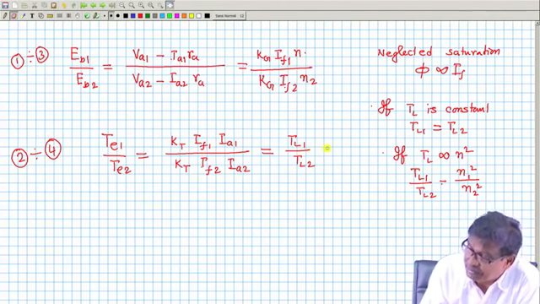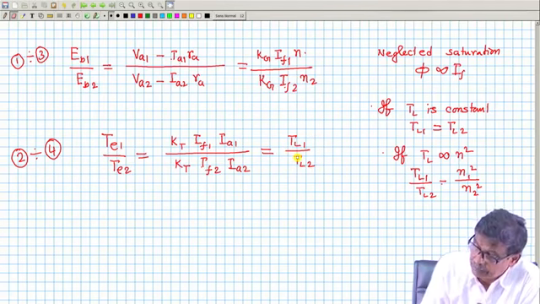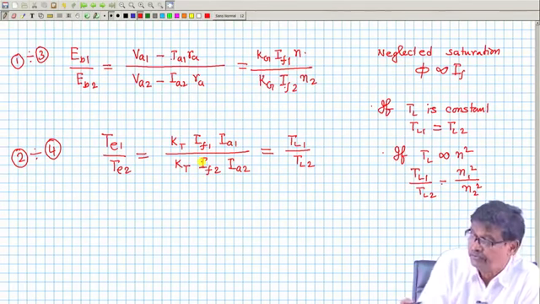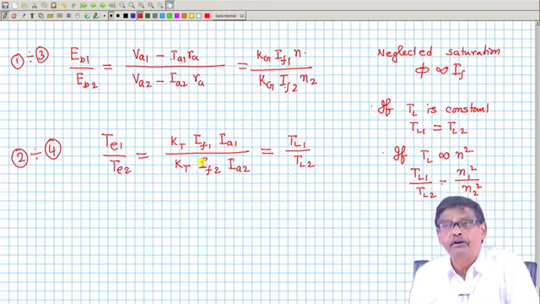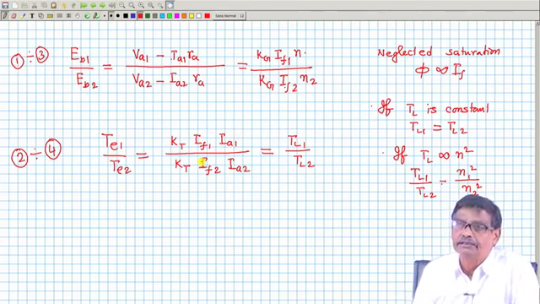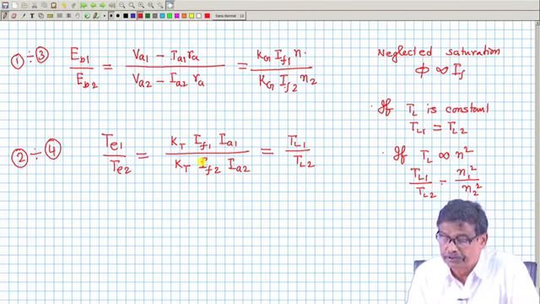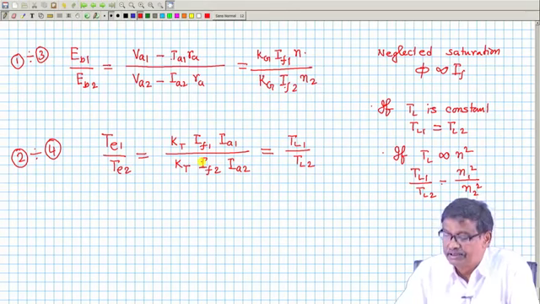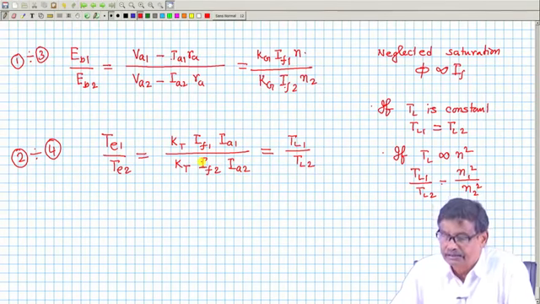So, this thing is known. Therefore, with these two sets of equation, if I know the first operating point completely, and if I say that I have changed the armature voltage as well as field current of the shunt machine, what will be the new armature current drawn, it can be easily solved by using these two equations.